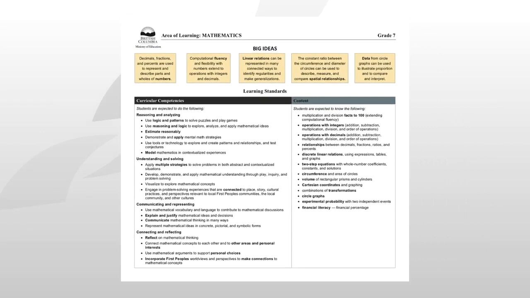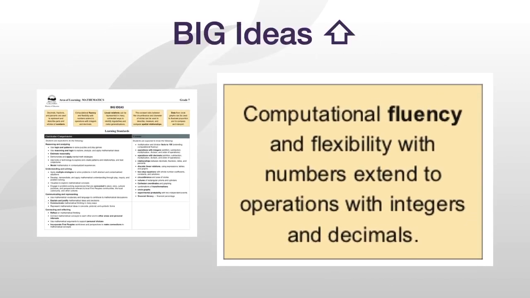Engaging in these competencies and more through this content deepens your child's understanding of the following big idea. Computational fluency and flexibility with numbers extend from operations with whole numbers to operations with integers. In later grades, your child will continue to extend this to rational numbers, signed fractions and decimals, and algebraic expressions.